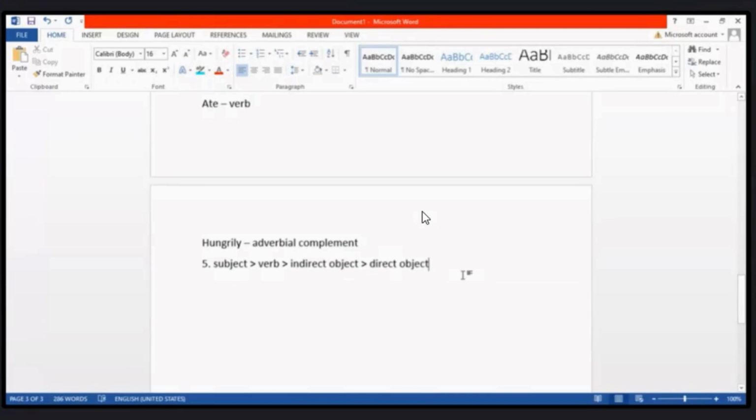Just to give you the context, what is an indirect object and how is it different from a direct object?